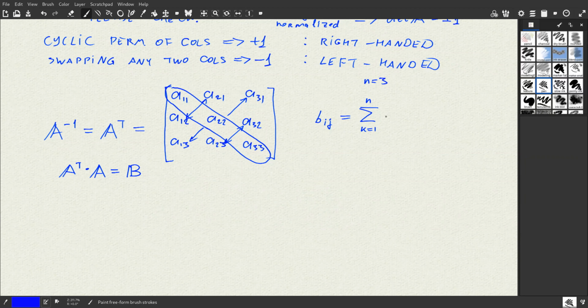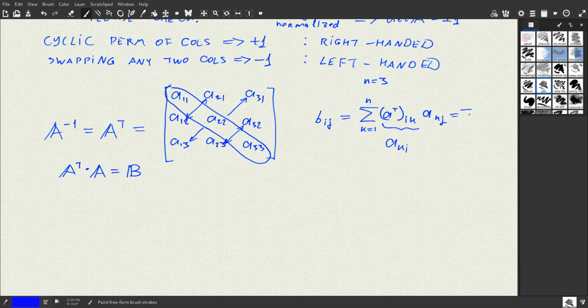Then tell me, please, what would it be? It would be A transposed Ik times Akj. But A transposed Ik is the same as obviously Aki.